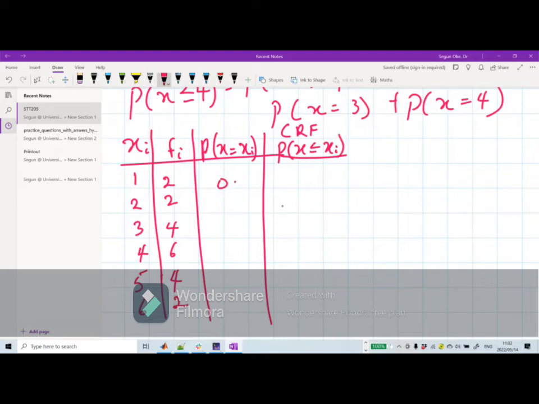We have 0.1, 0.1. Now we all know how to do the cumulative frequency: 0.1 plus 0.1 is 0.2, 0.2 plus 0.2 is 0.4, 0.4 plus 0.3 is 0.7, then 0.9, and 1.